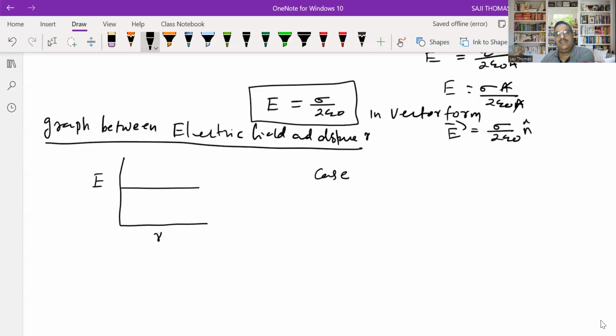So case 1. For a thick sheet, if you consider a thick sheet, the charges will be on both sides.